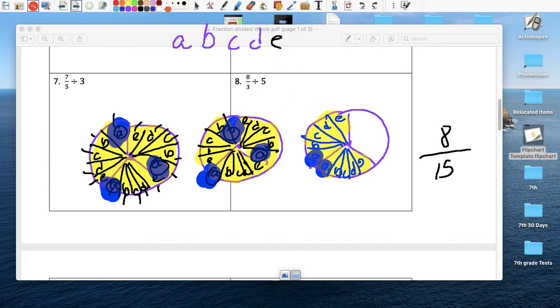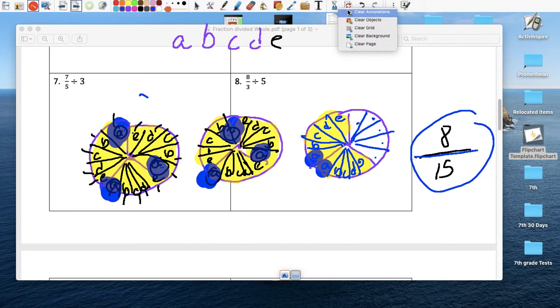So total, how many pieces did he get? He got 1, 2, 3, 4, 5, 6, 7, 8 out of, and just count how many parts around the circle, and that gives you 15. Oh, and let's not forget to break this 1, 2, 3, 4, 5 into 15 parts. So final answer, every person gets 8 out of 15. Okay.